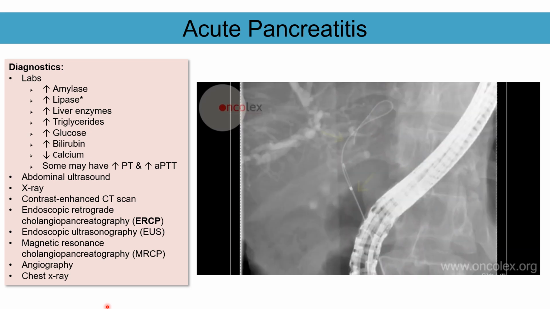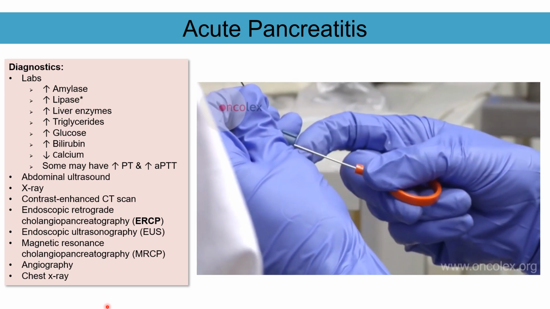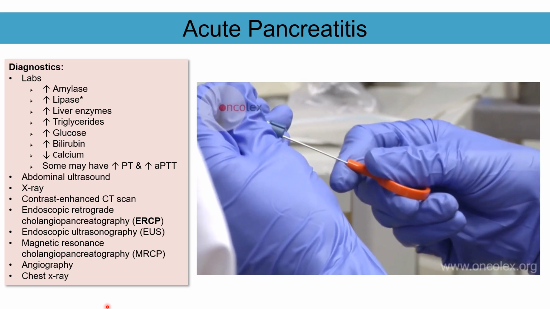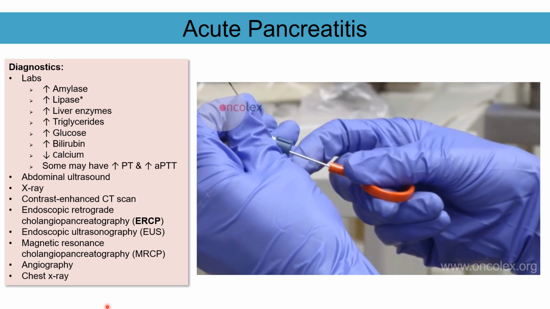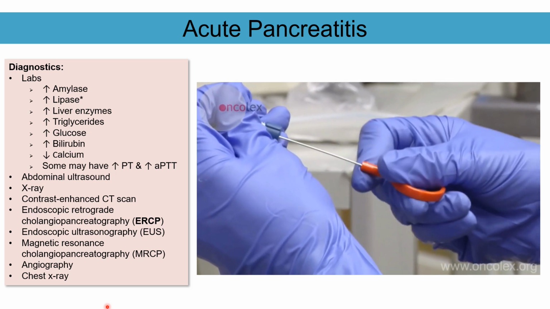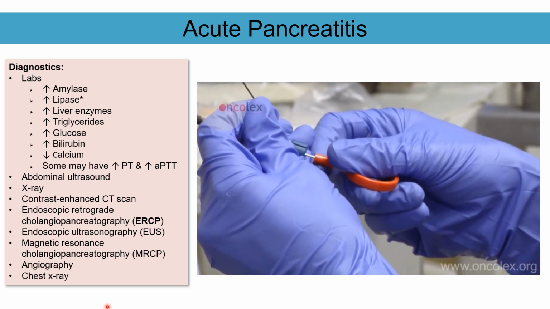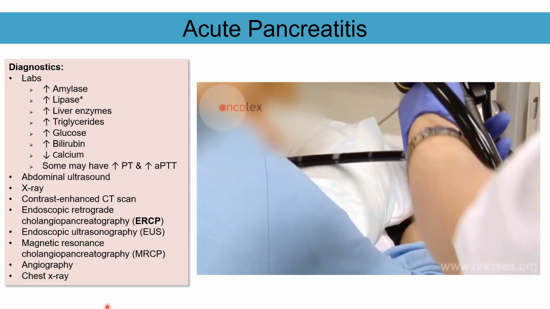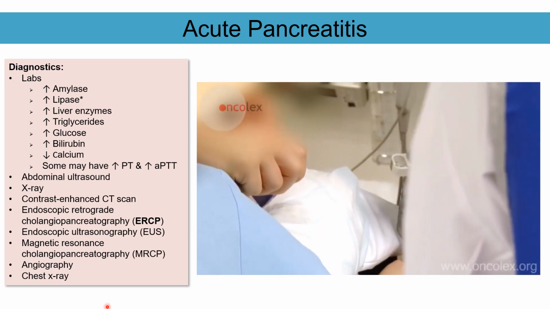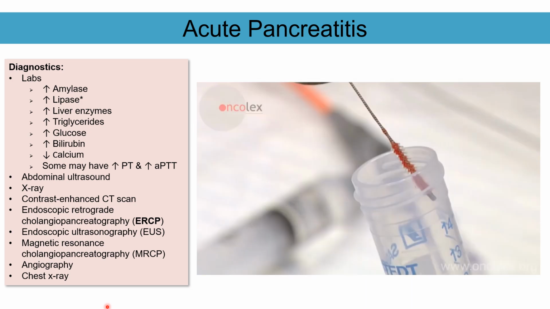Here we can see the guide wire and the brush. The narrow ducts are brushed to clear the blockages and collect material for cytopathologic analysis. The procedure is finished. The brush and brush fluid are put in a test tube.